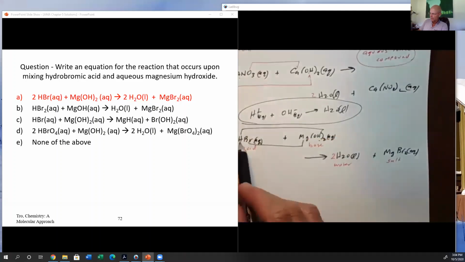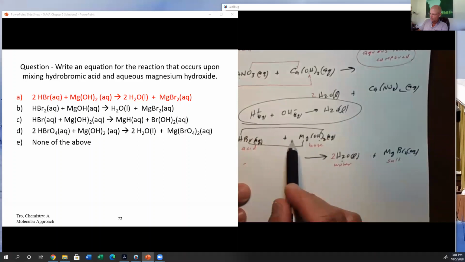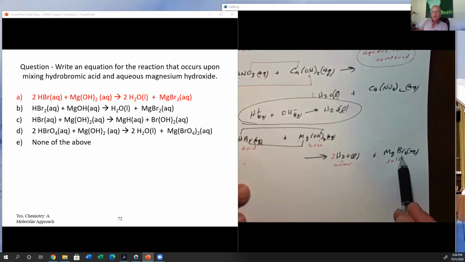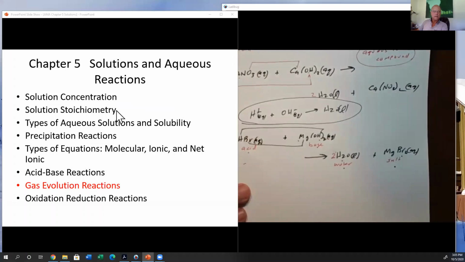HOH is going to be your water, and then MgBr is going to be your salt. As you notice, it's acid plus base goes to water plus salt. And then lastly, you just balance it by putting the 2's there. All right, very good. Any questions on that?